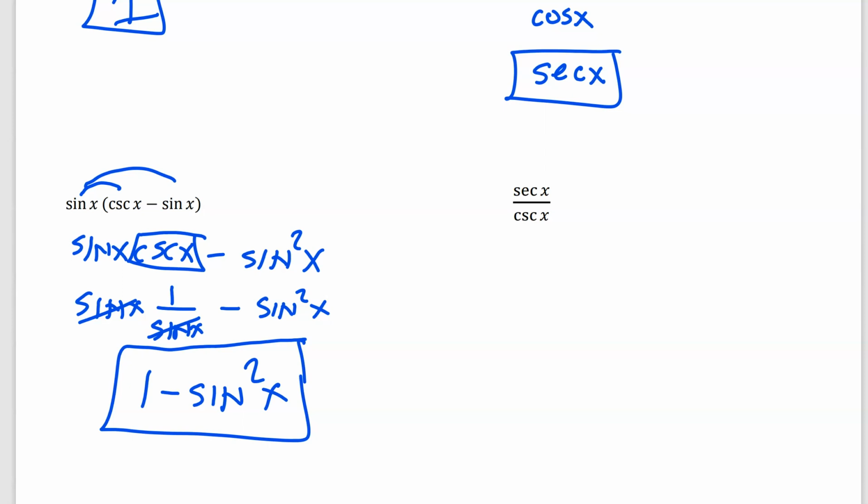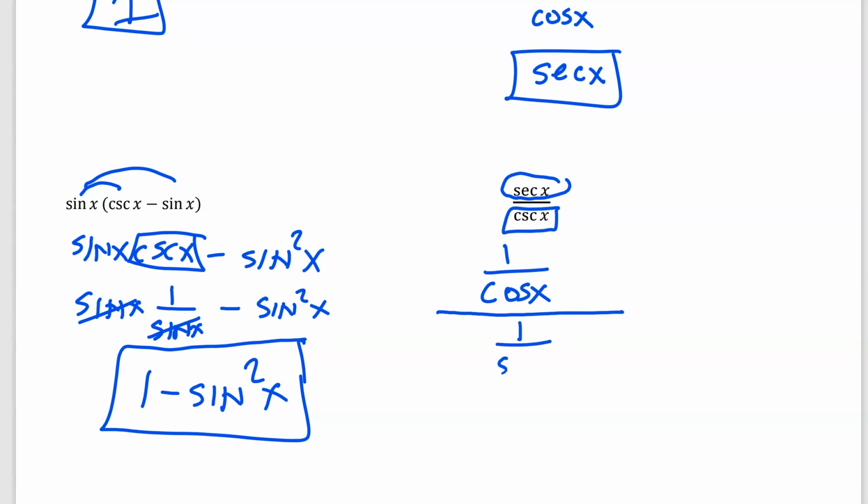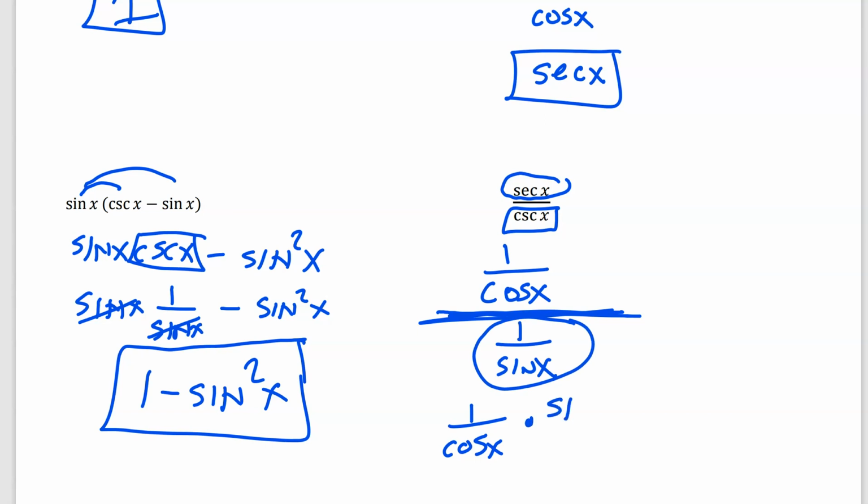This last one here, we've got a numerator, right? Secant, which is 1 over cosine. And we are dividing by cosecant, which is 1 over sine. And anytime we divide two things, right, two fractions, we multiply by the reciprocal. So we have 1 over cosine times, and again, we do the reciprocal of this.